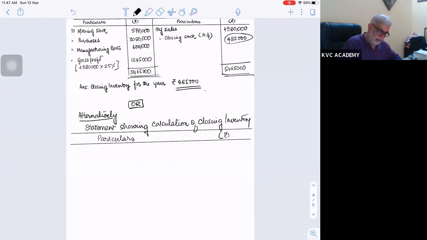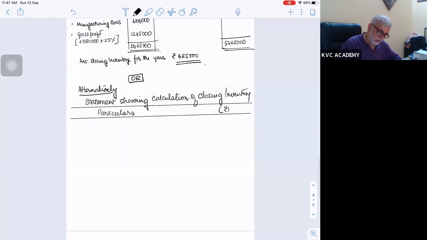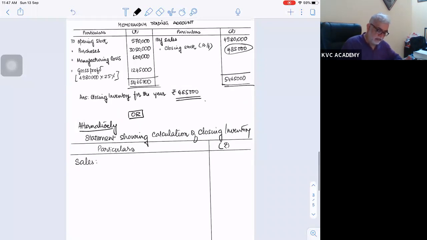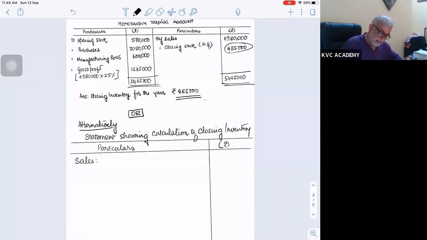Particulars and amount. Sales, okay? What is the sales? The sales is 49 lakh 80,000. Less gross profit at 25%, which is 12 lakh 45,000.